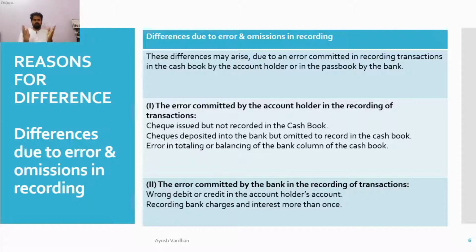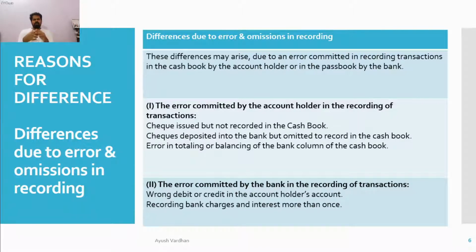Someone is depositing a check on your behalf or you are depositing a check for yourself, any reason could be here, but it has not been recorded in the cash book. So you are not making a proper entry, and this could create a difference.